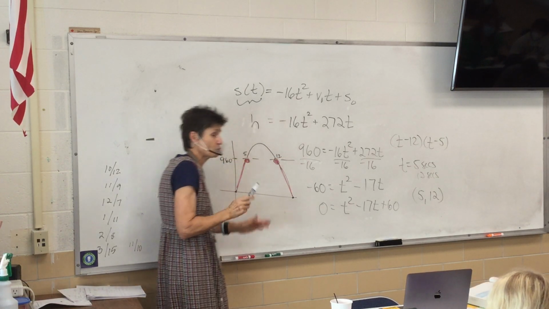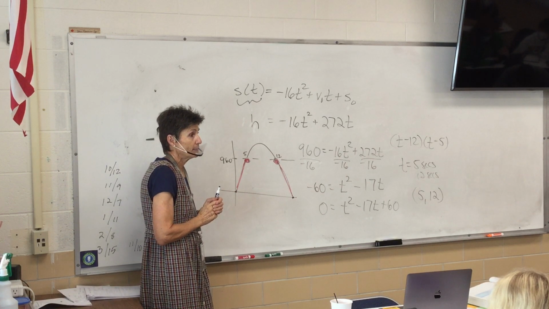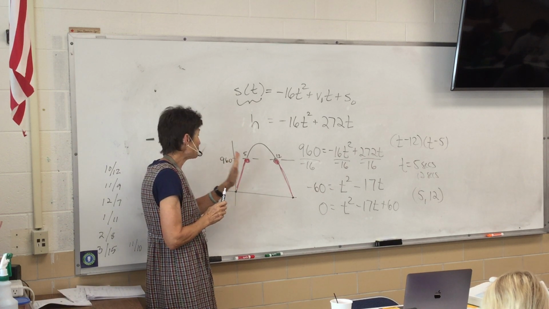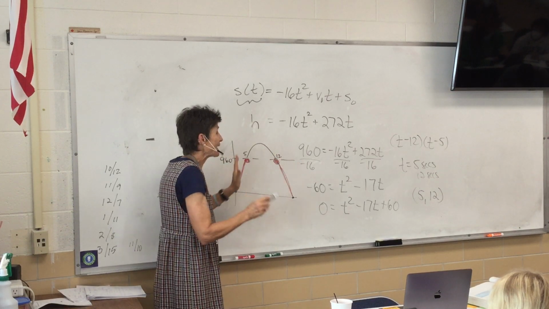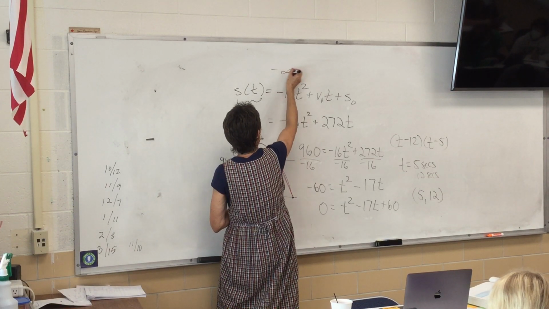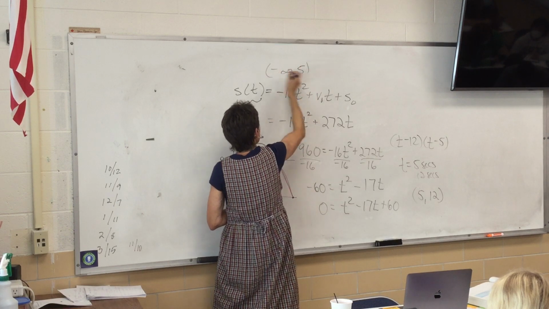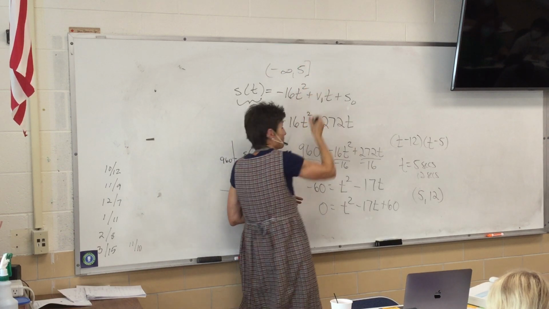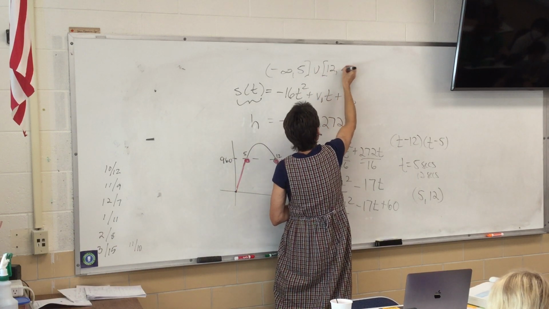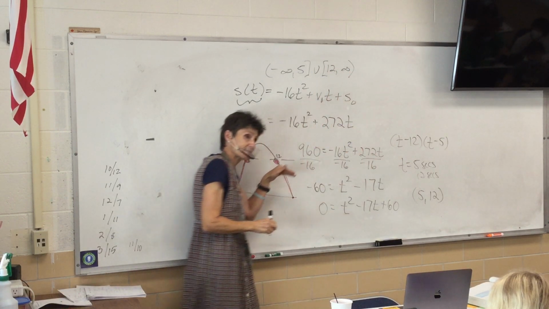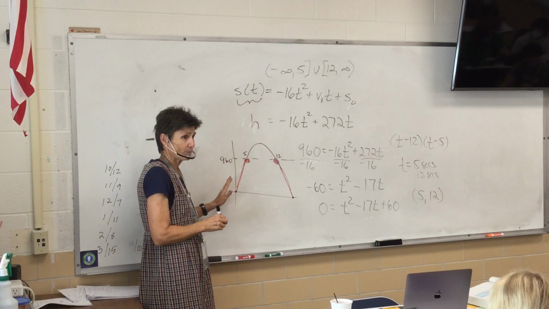This is where your picture really comes in handy, because you know you have to be less than 5 and more than 12, but you can't do the infinity thing. This doesn't make any sense in this problem. On a number line, if this were a number line problem, that would make sense, but not here.